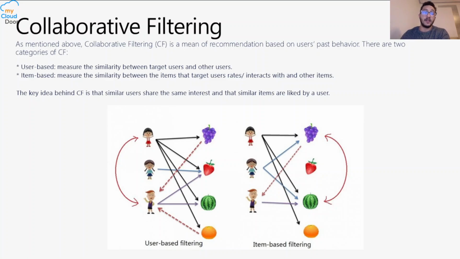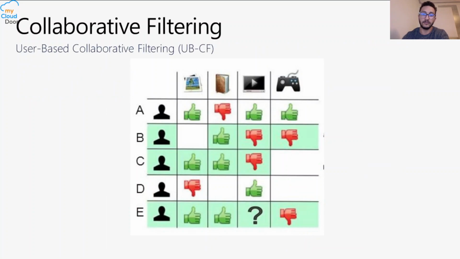So the key idea behind collaborative filtering is the similarity. Is that similar users most probably share the same interest, and the similar items are liked by a user. So to explain it more logically, we have this graph and these users. So imagine that we want to recommend a movie to a friend.